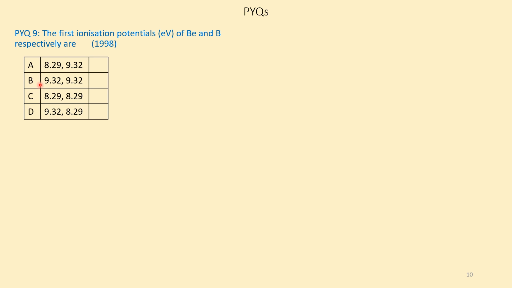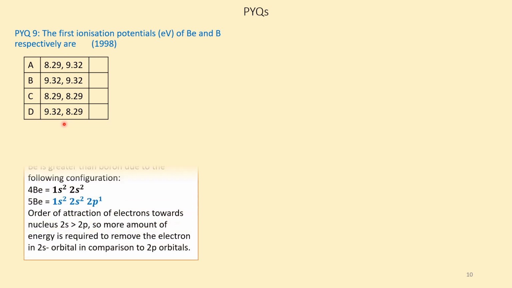Option B is 9.32 and 9.32, the same for both elements. Option C is 8.29 and 8.29. And option D is 9.32 and 8.29. So pause the video and do the calculations. I will give the explanation.